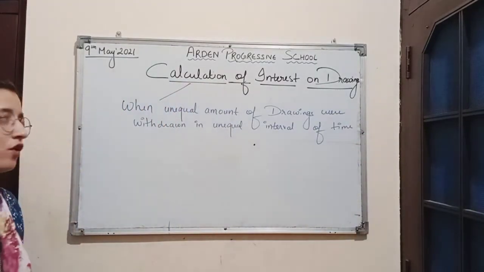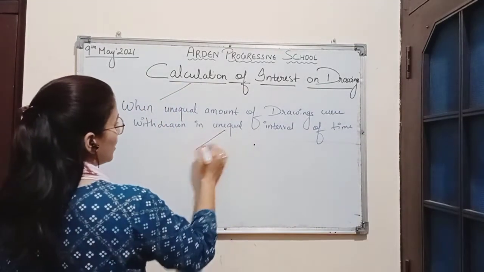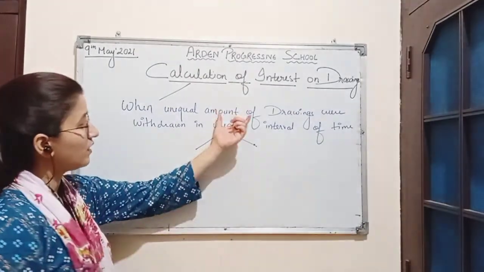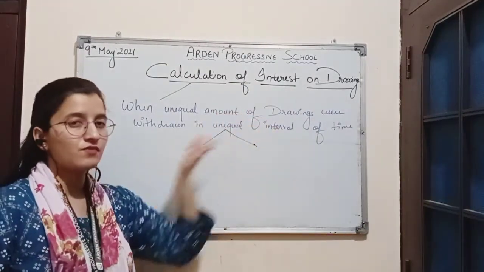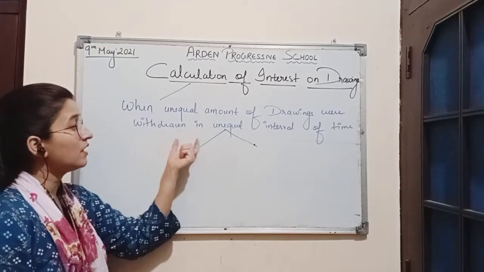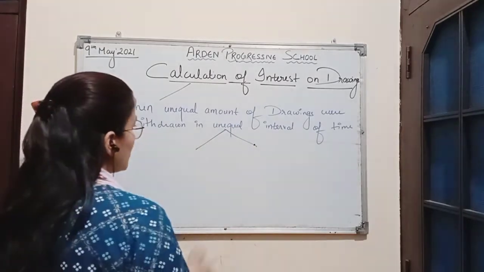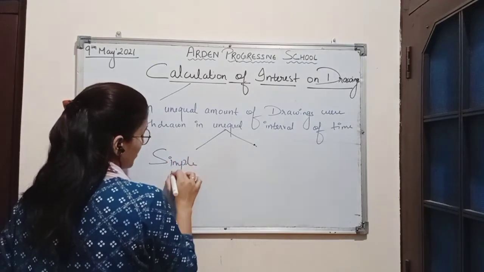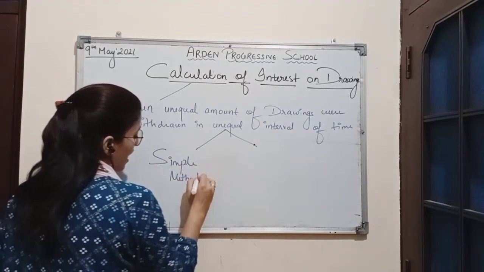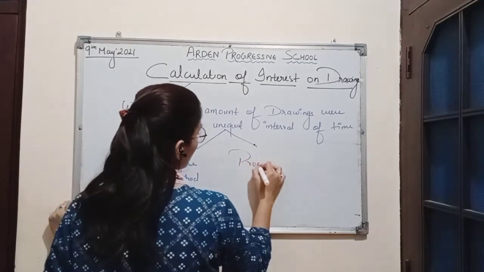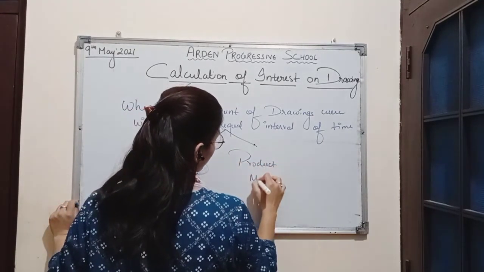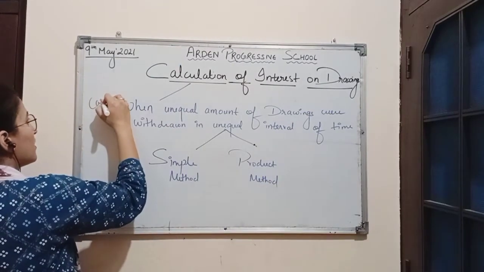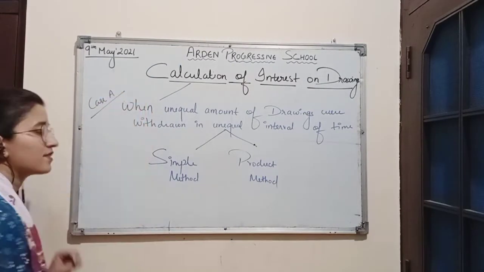So we have already discussed two methods for calculating interest on drawings when unequal amounts of drawings are withdrawn by the partners in unequal intervals of time. First was the simple method and second was the product method. This was the first case.